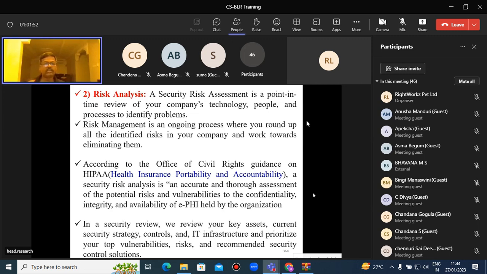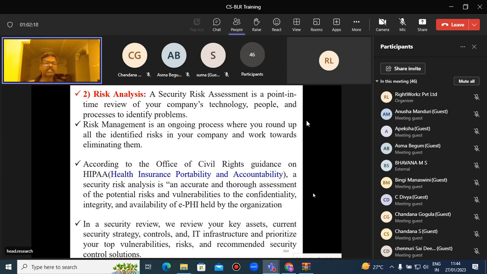So according to HIPAA, they are giving the complete information about what type of potential risks happened in the organization, and they are finding vulnerabilities with the help of the security model called confidentiality, integrity, and availability.